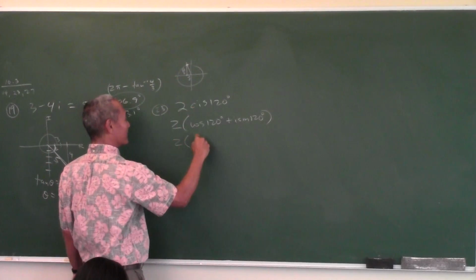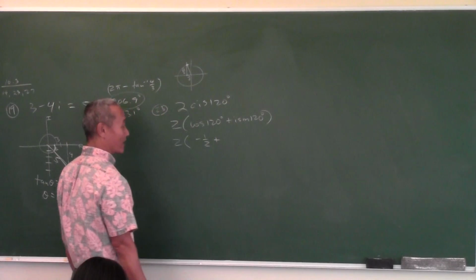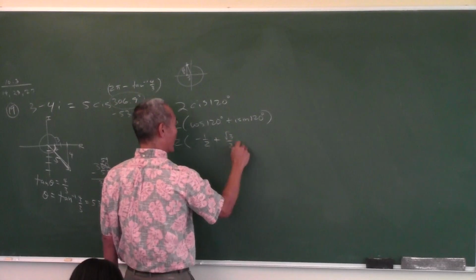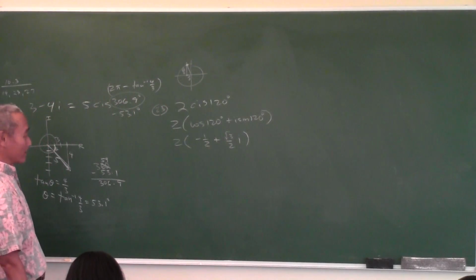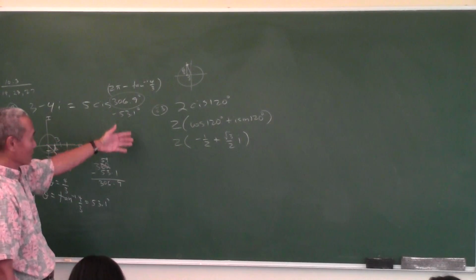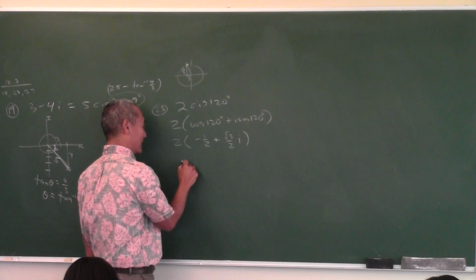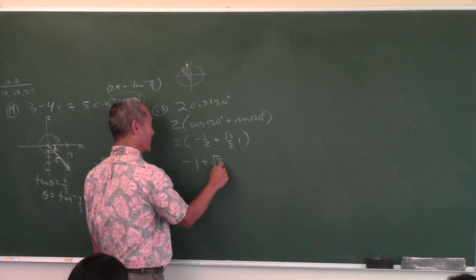We gotta go to the left. And then what is the sine of 120 degrees? Root 3 over 2, and you always put the i on the second one. And then all you have to do now is distribute the 2, and you get negative 1 plus root 3 i.